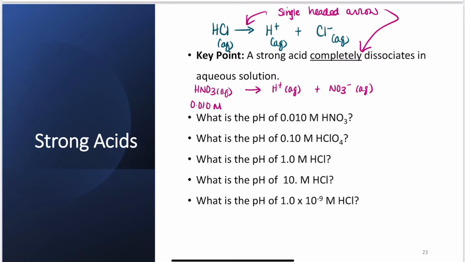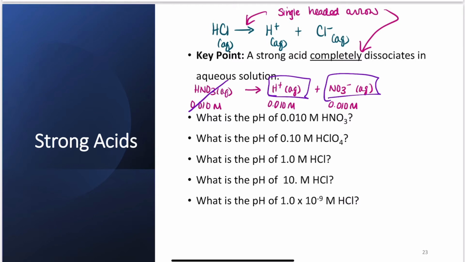I don't care if it's 100 mL, a liter, or 5 liters. We could assume 1 liter, and then we would say we have 0.010 moles. But again, it doesn't matter, we know the concentration. When this dissociates, it automatically produces 0.010 moles of H+ and 0.010 moles of NO3-. I don't actually have the HNO3 present anymore in solution. I only have these two components.